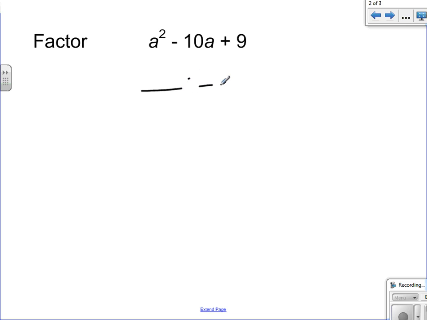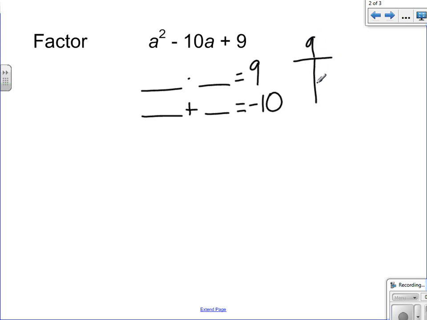We need to find two numbers that multiply to the back end, but those same two numbers have to add to the number sandwiched in the middle. And what's sandwiched in the middle? Negative 10. Now, if you're still struggling with trying to find the numbers that make the magic happen, the numbers that would multiply to 9 but also add to negative 10, I did show this in class, but let me do it again here right quick.